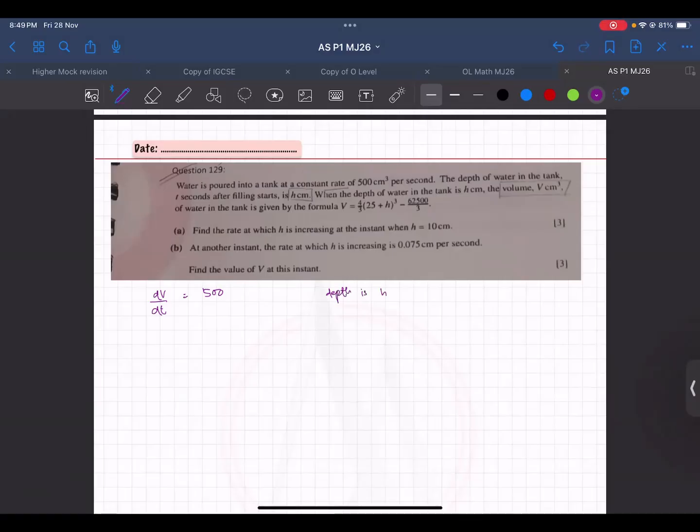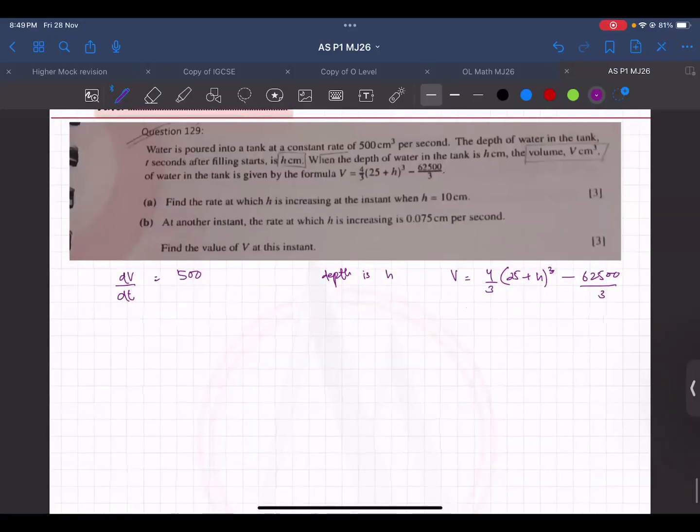When the depth of water in the tank is h, the volume V is given by V equals 4 upon 3 (25 plus h) whole cube minus 62500 upon 3. This is the formula for the volume they've given us. Find the rate at which h is increasing at the instant when h is 10.